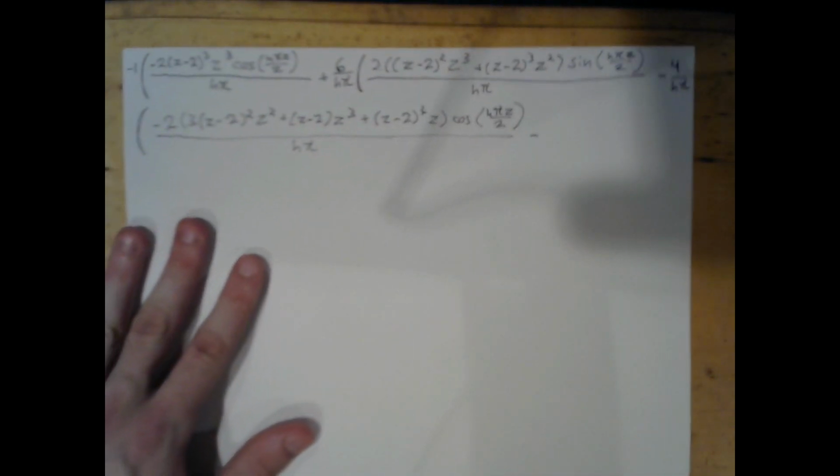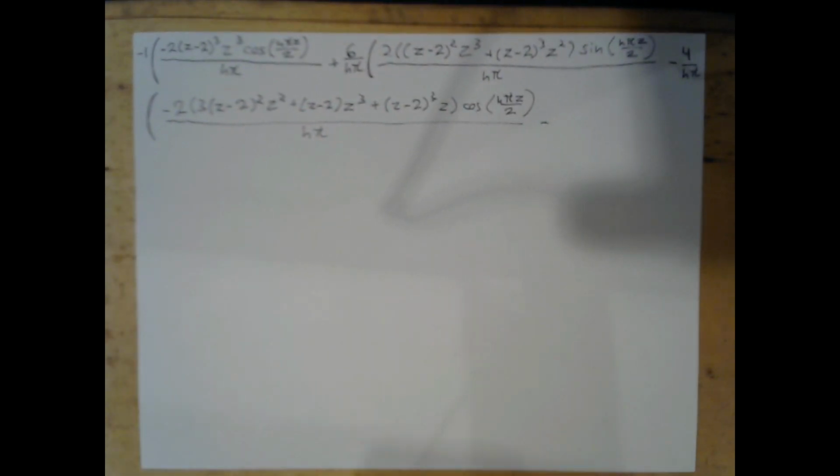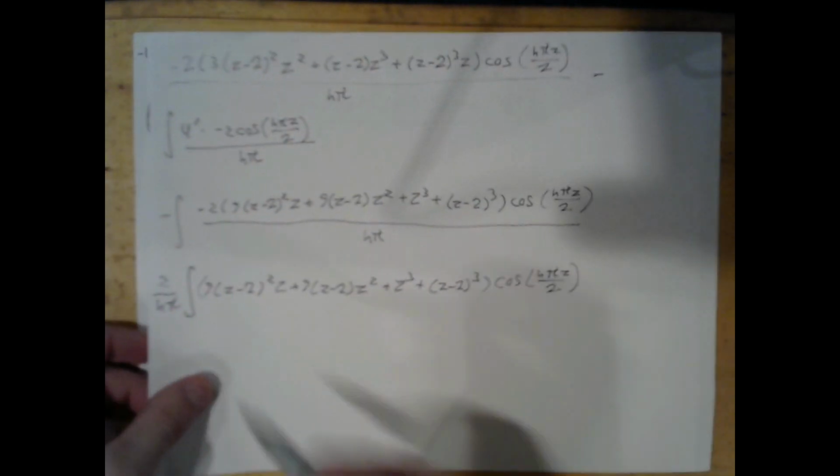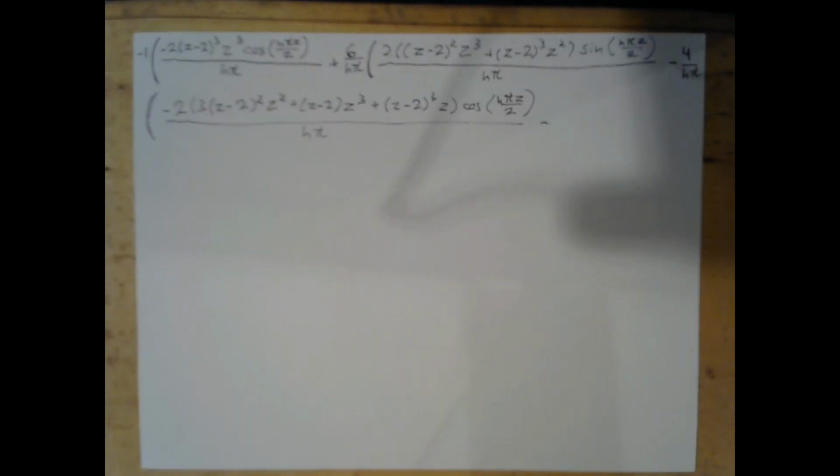Let's go back to our initial equation. So back here, this is our initial equation, and looks like I actually forgot a step here. Because we pulled out 2 over h pi initially back on this integral right here, we're going to plug that back in.